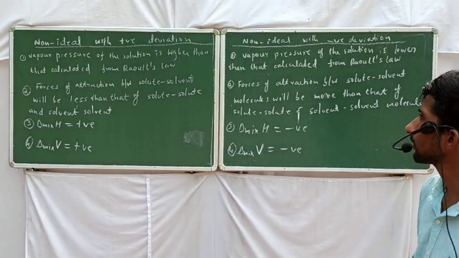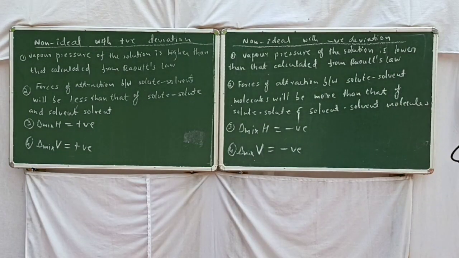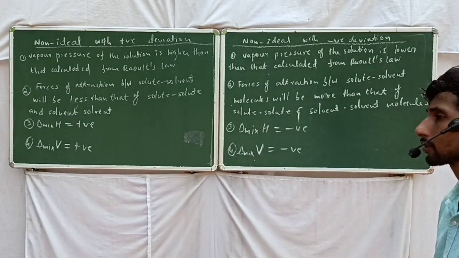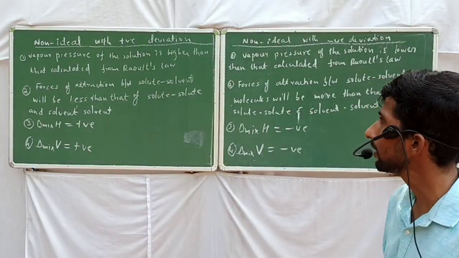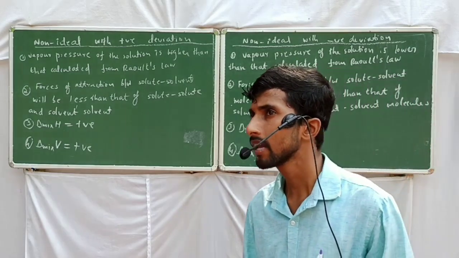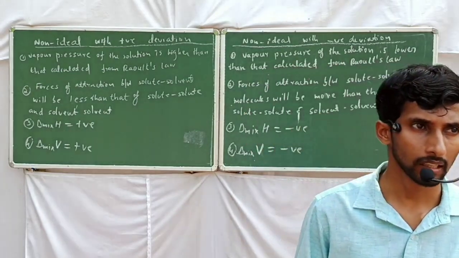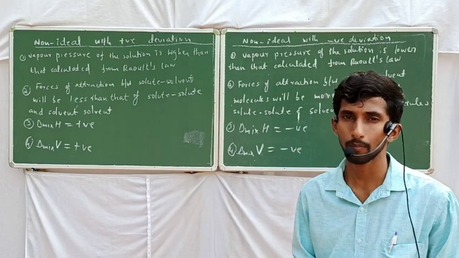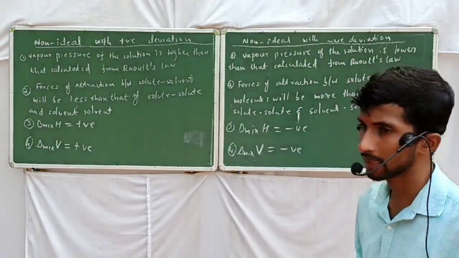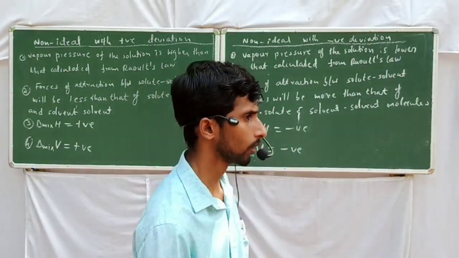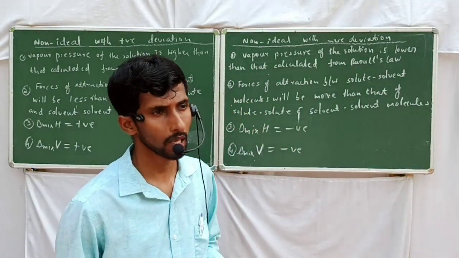In the case of negative deviation, forces of attraction between solute and solvent molecules will be more than those between solute and solute and solvent and solvent molecules. Remember that point: in positive deviation, the magnitude of intermolecular forces of attraction decreases upon mixing, and in negative deviation, it increases upon mixing.